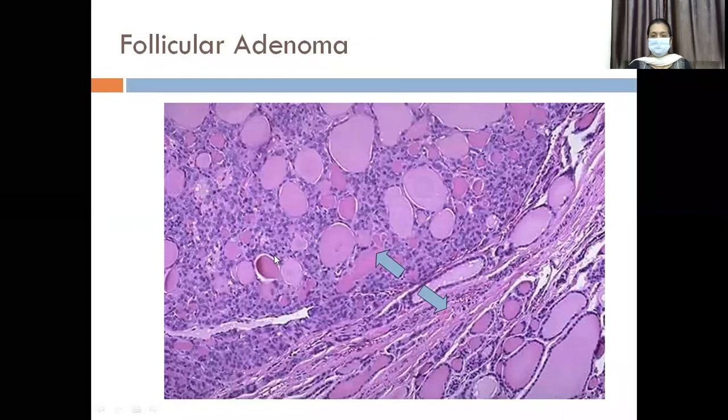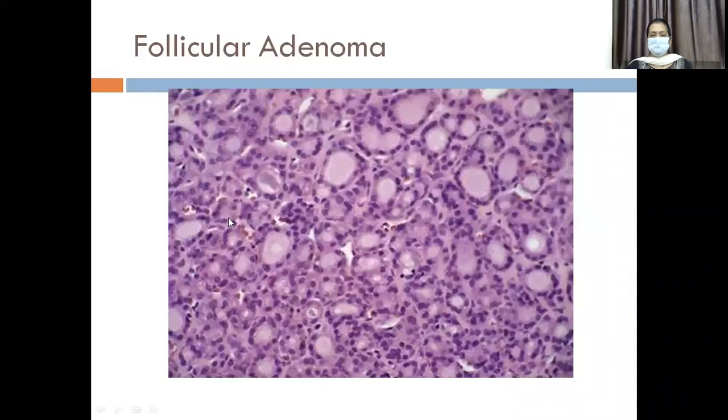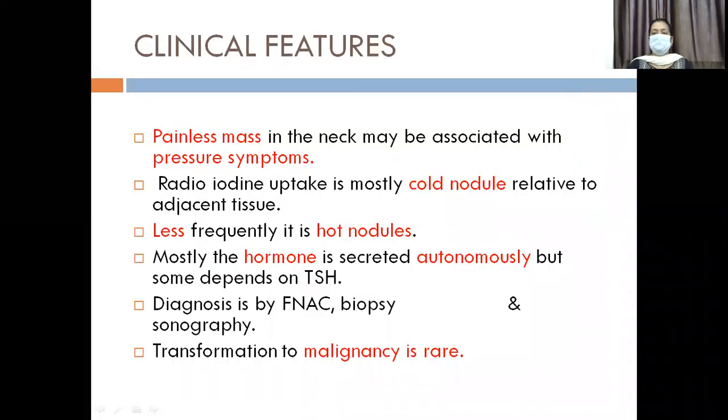Intact capsule, you see the thyroid follicular cells which are different. And here you see the high power picture of the adenomatous cells, wherein you see very less stroma, and then you see a lot of thyroid follicular cells which are arranged in microfollicles. So how it presents, it's a painless neck mass, usually with pressure symptoms, radio uptake, cold nodule.